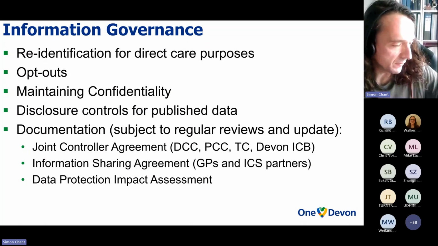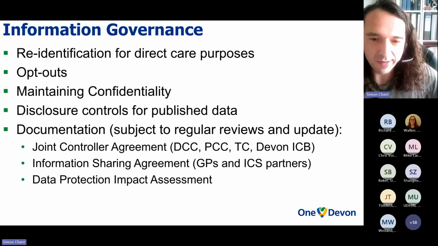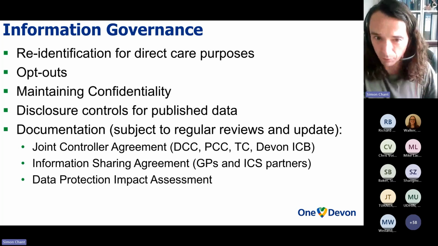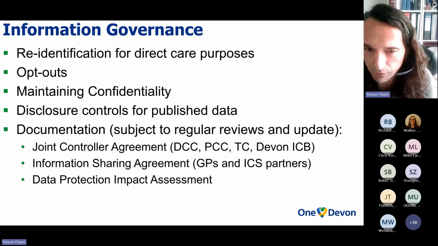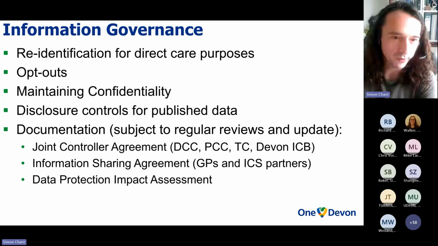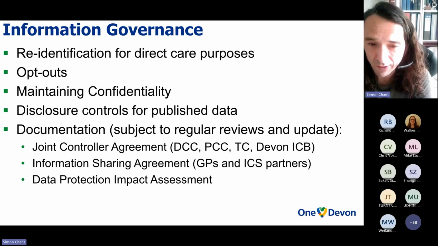So we use the national guidance there to set limits and assure ourselves that no data relating to small counts or small areas is coming out which doesn't accord with guidance. And beyond that, we have a full suite of documentation in terms of joint controller agreements, information sharing agreements, and data protection impact assessment.